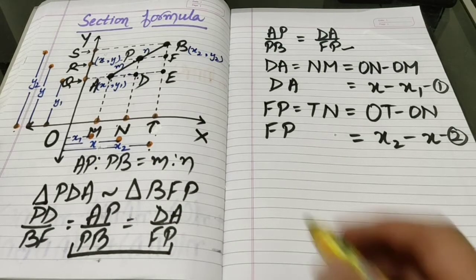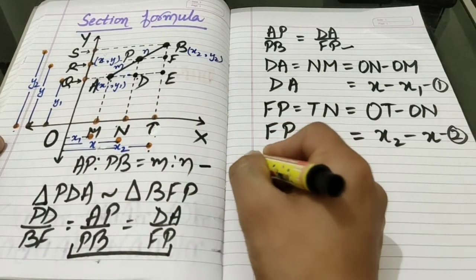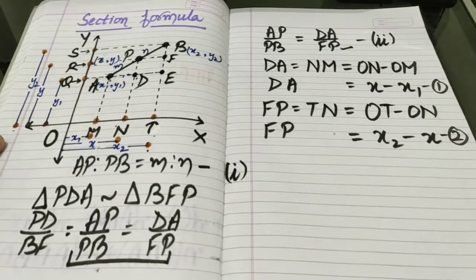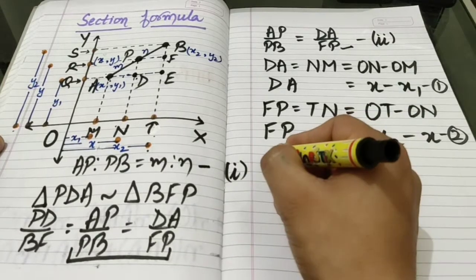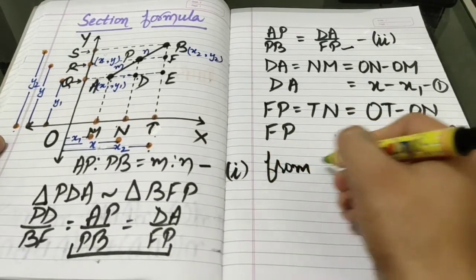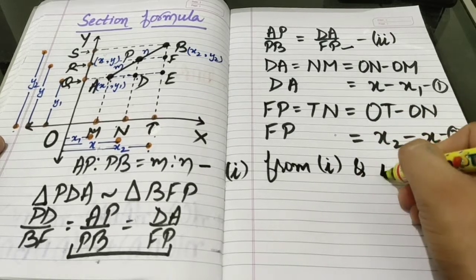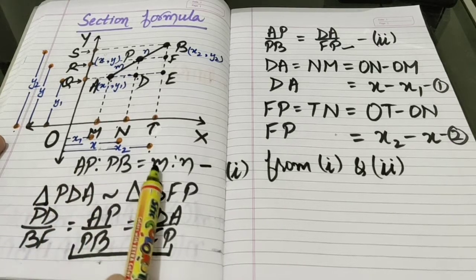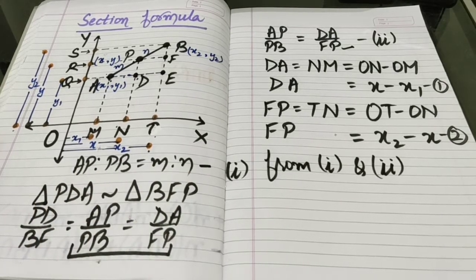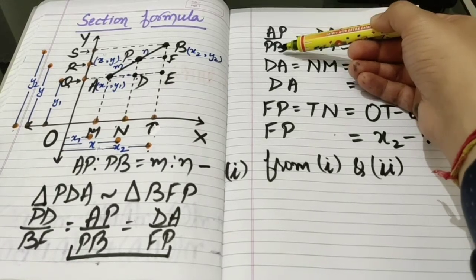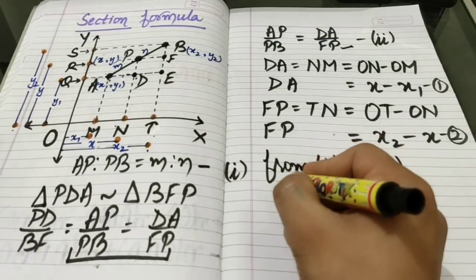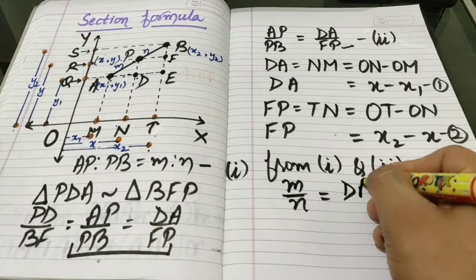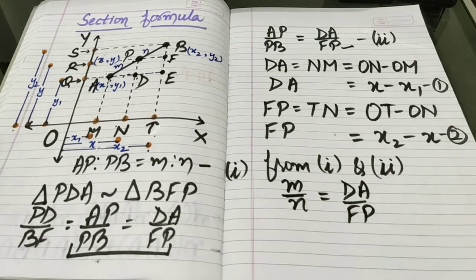Now let the equation which we supposed in the very beginning be 1 and this one be 2. Now from these two, what can we conclude? In the very beginning, we supposed that AP ratio PB equals m ratio n. That is why we can replace AP upon PB by m upon n, whereas DA and FP will remain as they are.